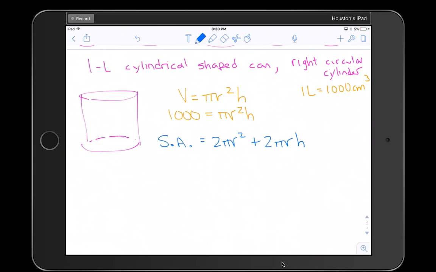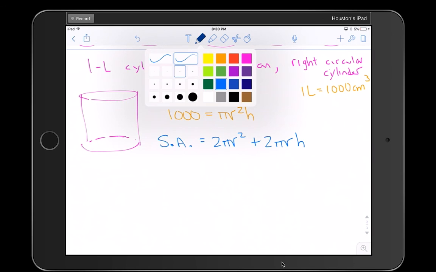In this case, it looks like we have r, h, and surface area. And that's not going to work out very well because we don't have enough information for all of those different variables. Really, we want an equation in terms of one variable, not two. So I either want to remove the r's or remove the h's. It won't matter. You're going to pick which way is going to be easier.